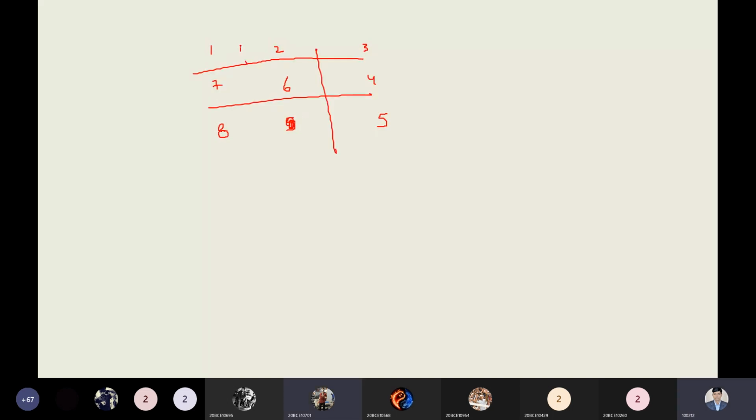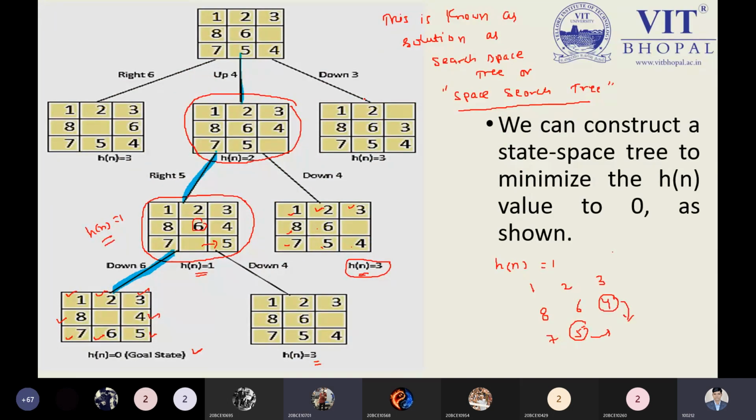Sir, I'm saying that in just one step, in your solution, the answer is that 4 is downside, and then 5 is automatically pushed toward left side. I mean, there is no specific step that 5 is left side and then 4 is downside.